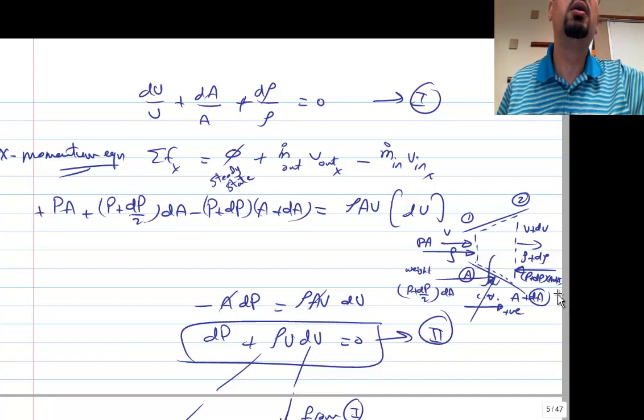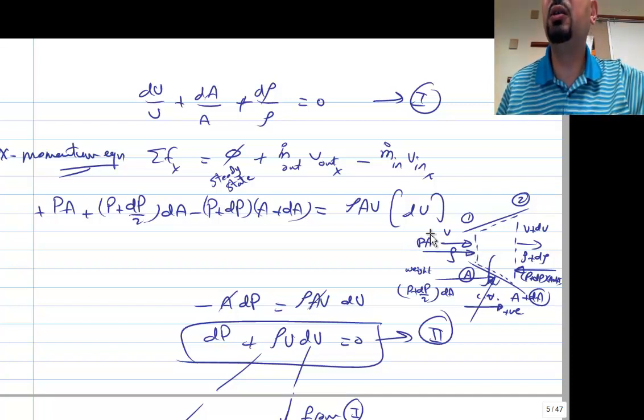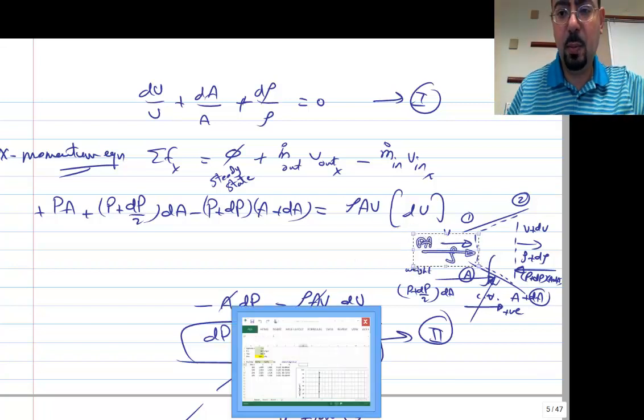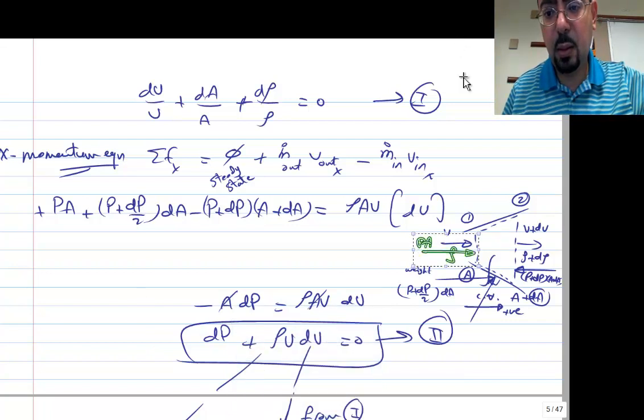Alright? Any more forces? I got the pressure here, it's this one, and I got the pressure here multiplied by the area here. What else?